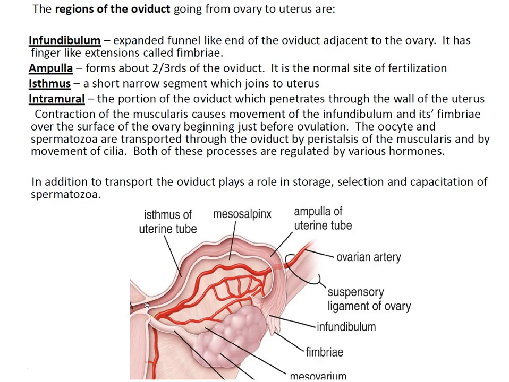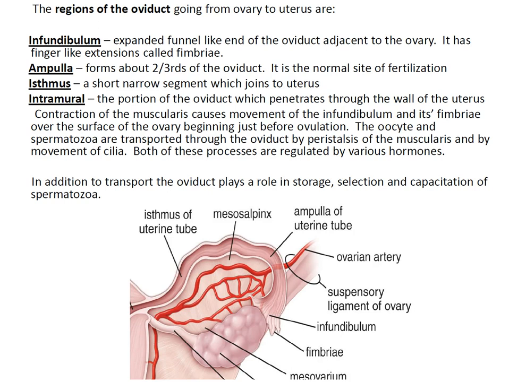Just before ovulation, the contraction of the muscularis causes movement of the infundibulum and its fimbriae over the surface of the ovary. The oocyte and the spermatozoa are transported through the oviduct by peristalsis of the muscularis and movement of cilia, and these processes are under the control of hormonal secretion.